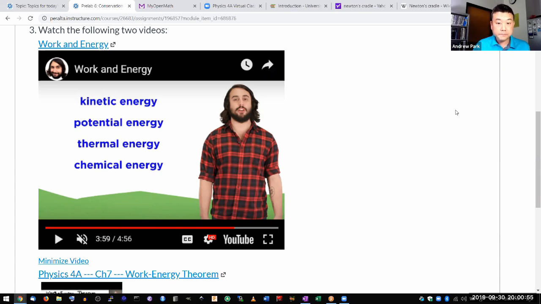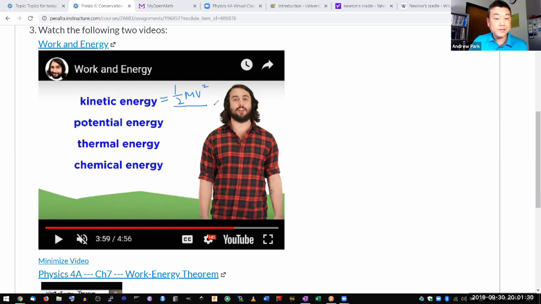Having said that, the reason I'm emphasizing that it's a calculated quantity is that it's a matter of definition. With kinetic energy, we say that kinetic energy is equal to 1/2 mass times velocity squared. You could ask, why is that kinetic energy?